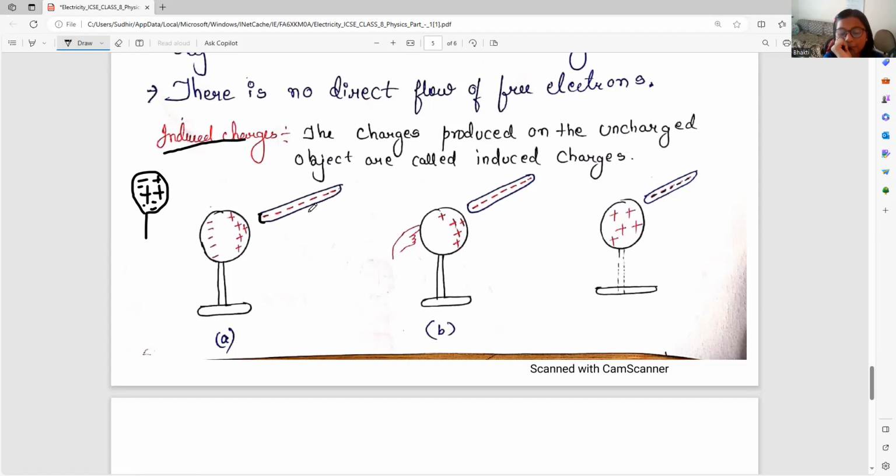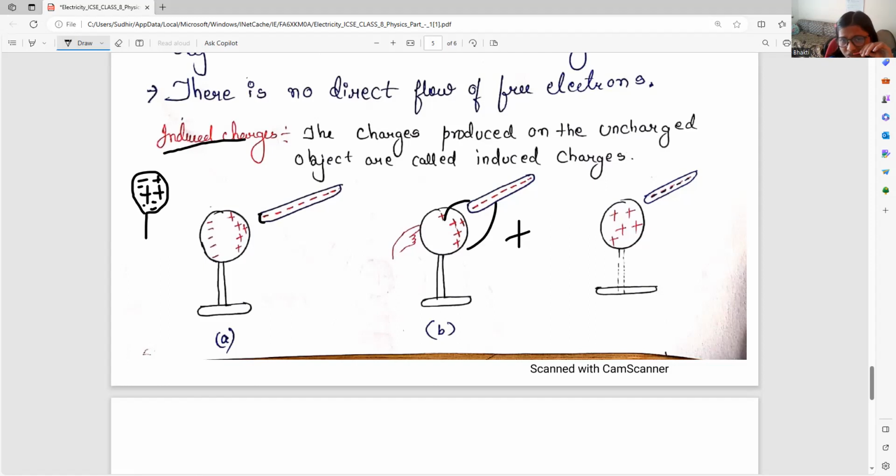Sorry, the rod will not lose the positive one; the rod will lose the electrons and it will gain protons. The same happens with electrostatic force.